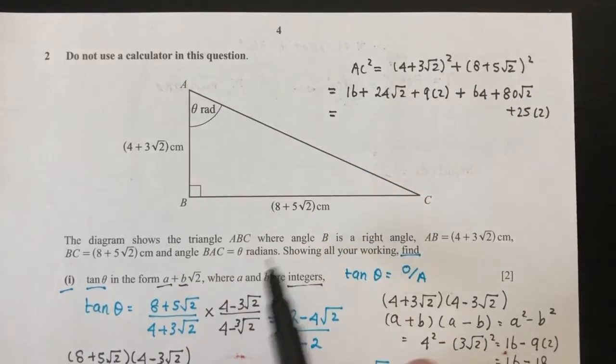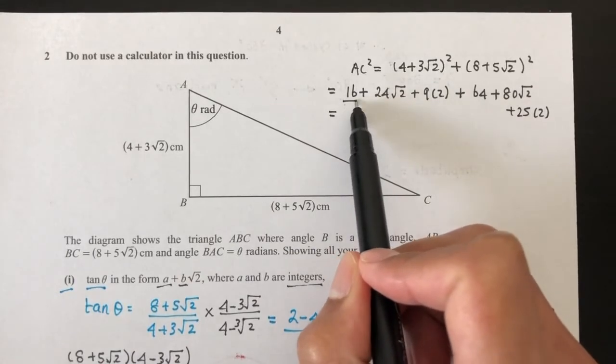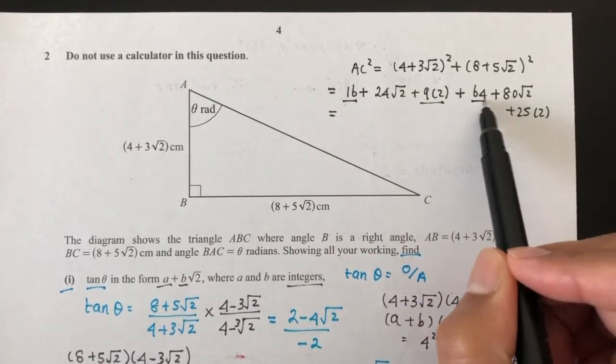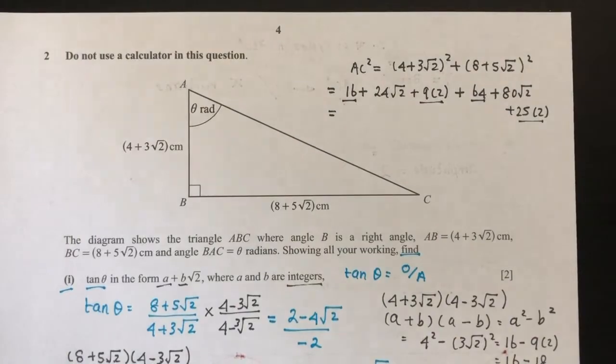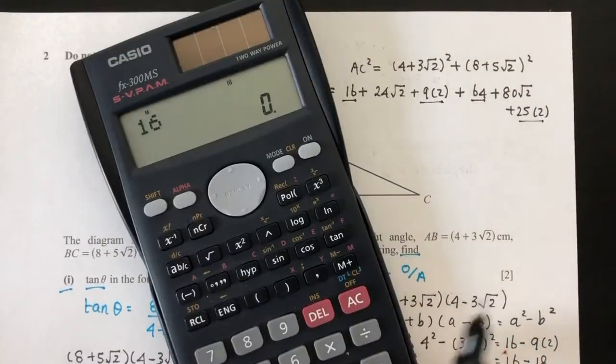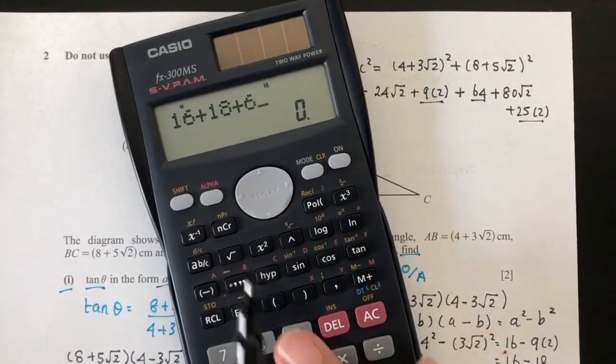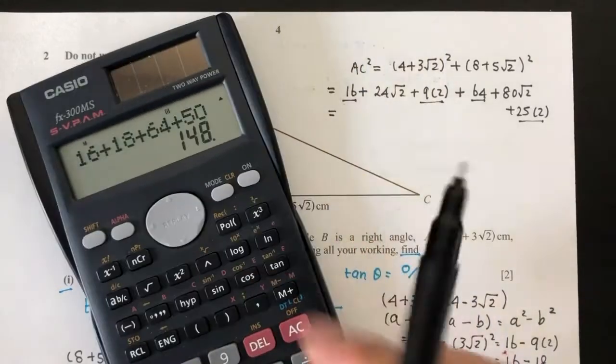Expand, you will have what? So 16 plus 18 plus 64 plus 50. That is 148.